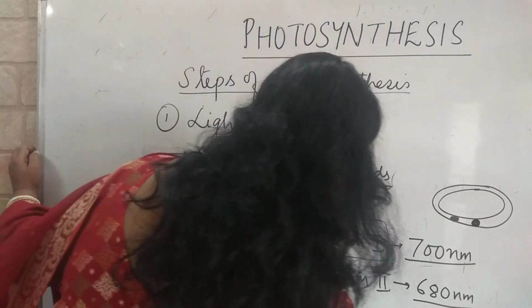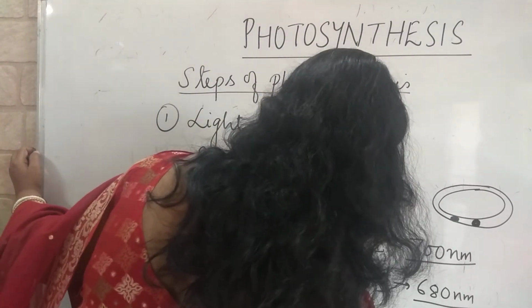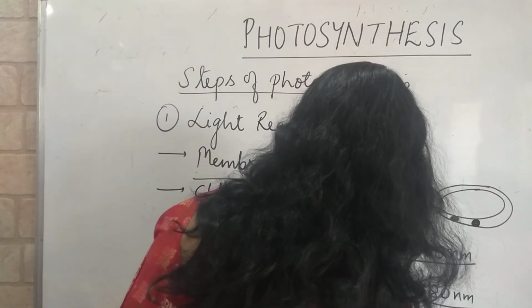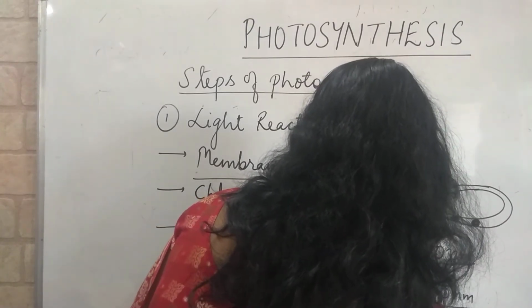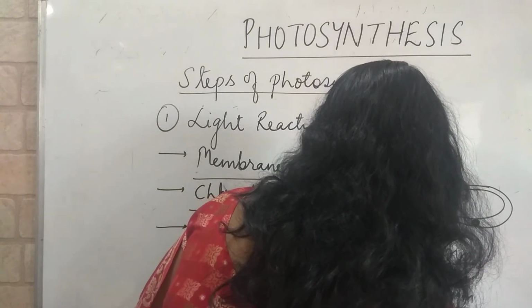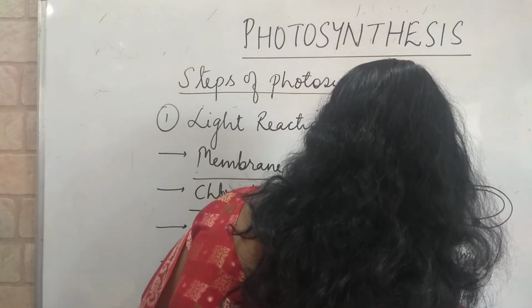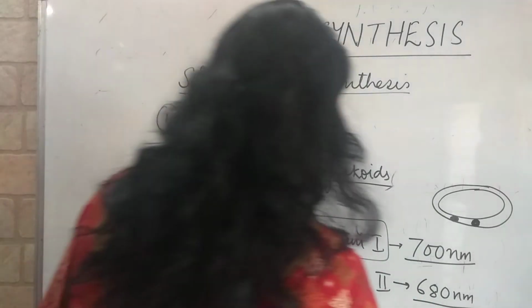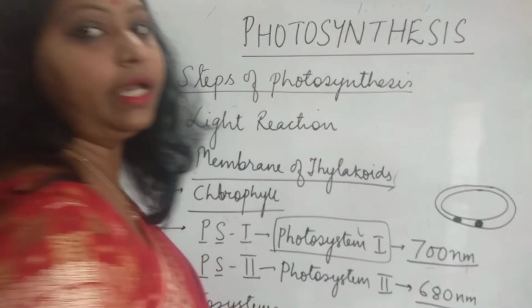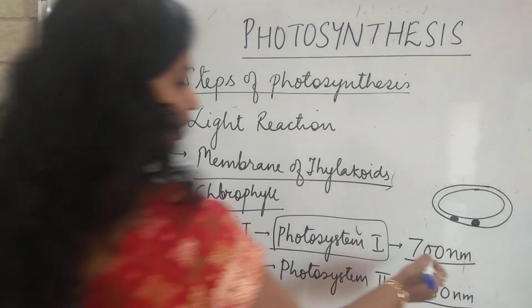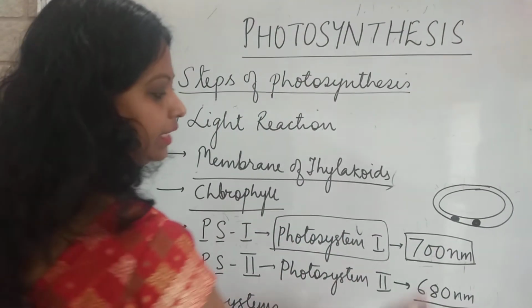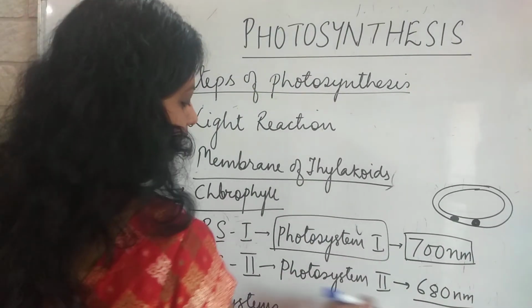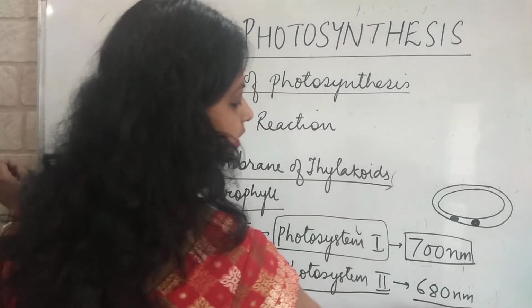Main is the chlorophyll A molecule, and the accessory will be other molecules which will help chlorophyll A, xanthophyll, carotenoids. So the main system becomes chlorophyll A. In photosystem 1, chlorophyll A is going to absorb the wavelength of light at 700 nm and in photosystem 2 at 680 nm.